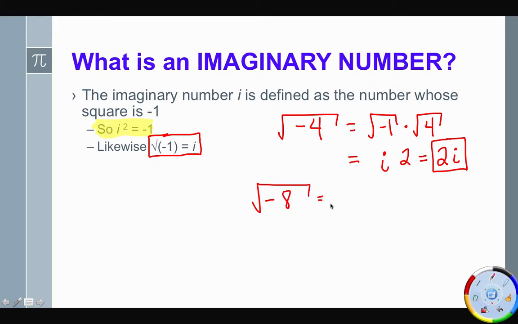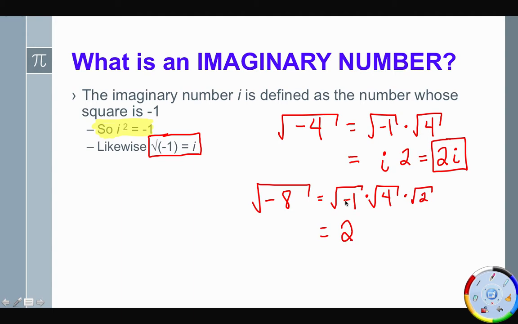If I was to rewrite this, I would get the square root of -1 times the square root of 4 times the square root of 2, using the same property that we learned a moment ago. Square root of 4 is 2.